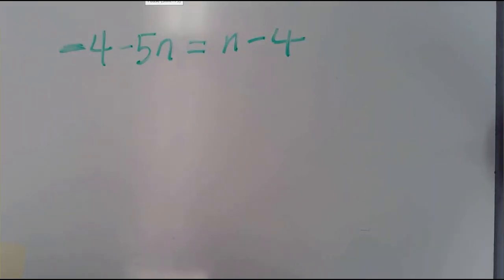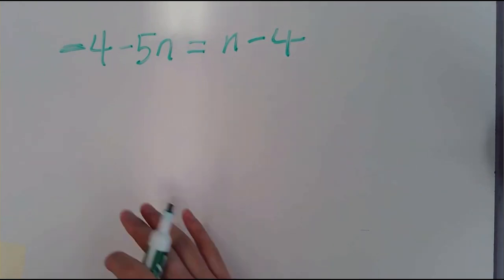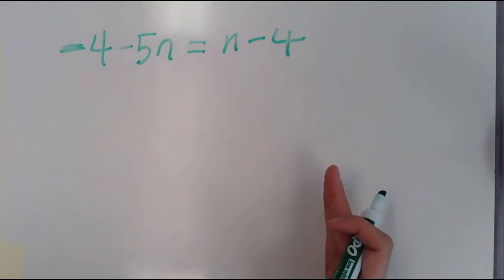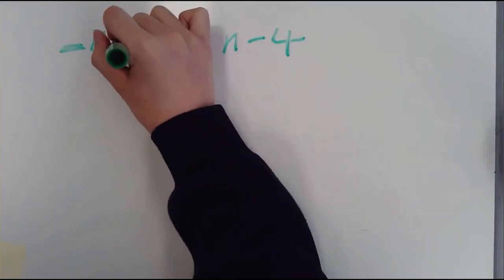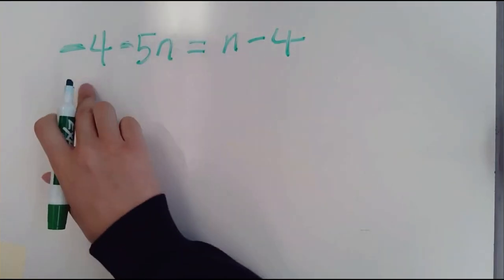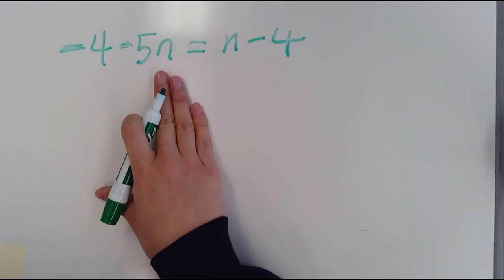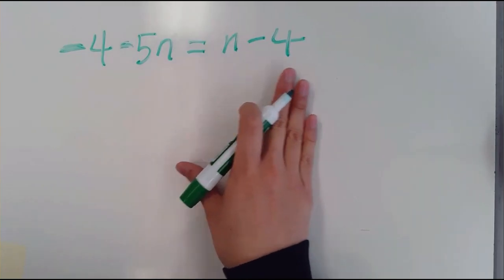So now, the thing is, we're not always going to have the model given to us. And drawing the model every time we do these questions would be quite inefficient. So what can I do if I was just given an equation, if I have to do it on paper? So over here, I have a question that says minus 4 minus 5n is equal to n minus 4.